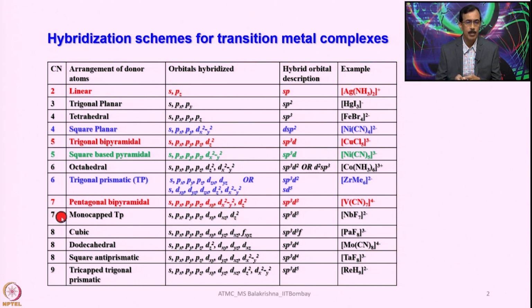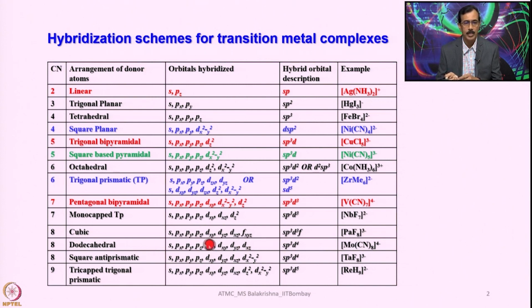In the same way, when coordination number 8 is there, we come across 3 different types of geometries. One is cubic, one is dodecahedral, one is square antiprismatic. In case of cubic, we use sp3d3f, that comes to our f block complexes, and then in case of dodecahedral, coordination number 8, we are using sp3d4 here, and I have listed all the d orbitals: dz square and all dxy, dyz and dzx are used.